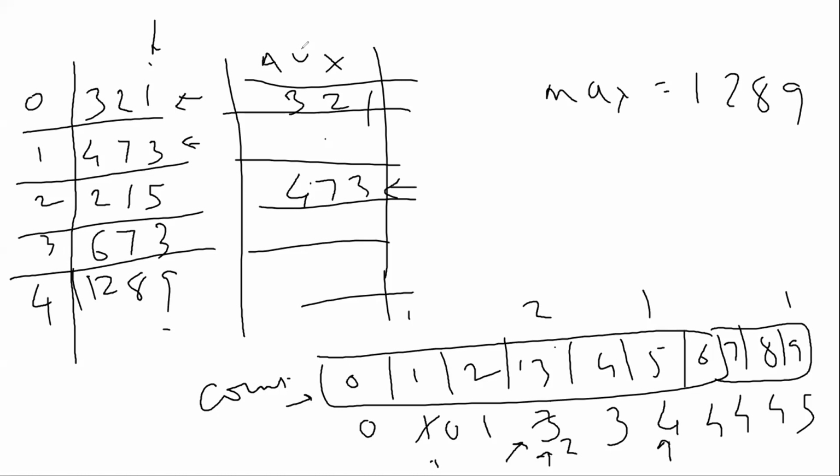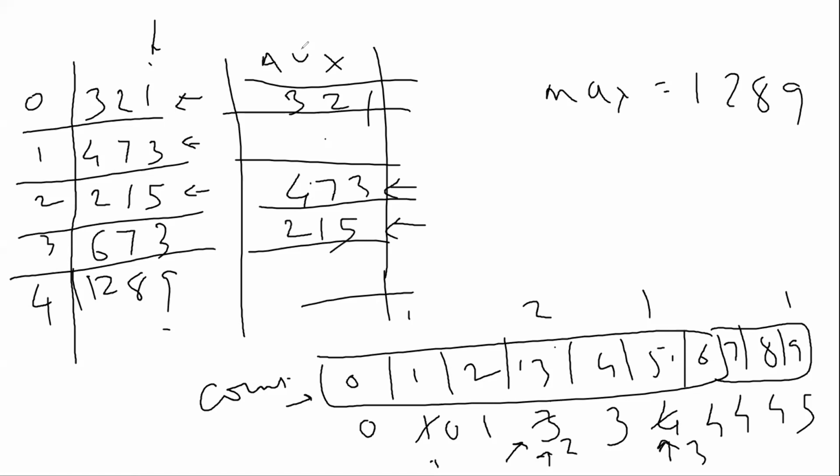Yeah, and then I come to 2, 1, 5. I look for this fifth, which comes at this location, and the value is 4. So I reduce it to 3. So this is my location 3, and I place this 2, 1, 5.